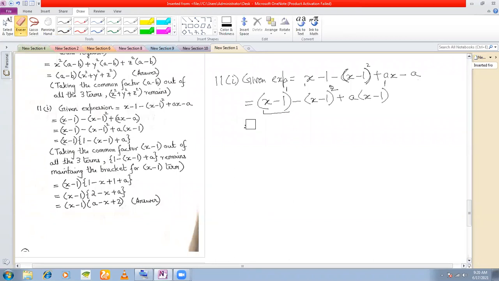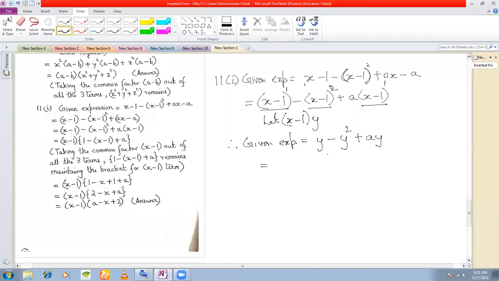What you can do is you can add another step to this. You can say let x minus 1 is equal to y. This is what you can do to make your task easier. So therefore, the given expression becomes this x minus 1 is y minus this x minus 1 whole square. So this becomes y square plus, and this is x minus 1, you get ay.